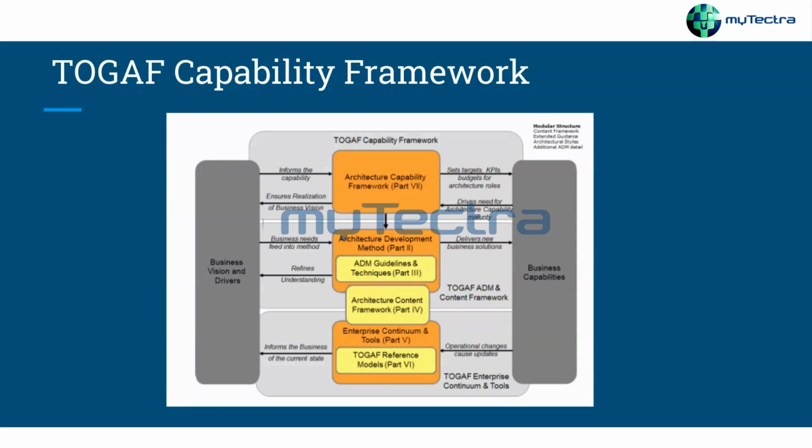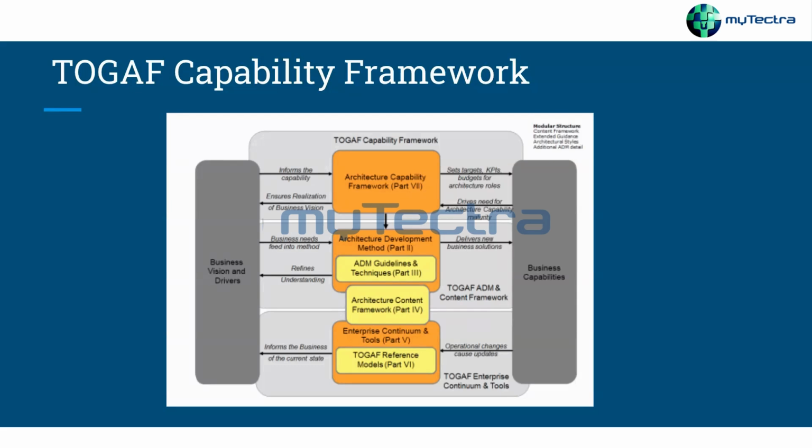The architecture capability framework prepares the enterprise to undertake the architecture activities. In the ADM, as I said, it is a step-by-step process to develop and use the enterprise architecture. Business needs are fed into this ADM to develop the architecture.